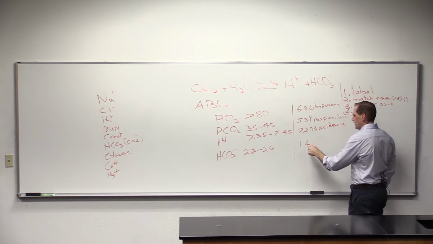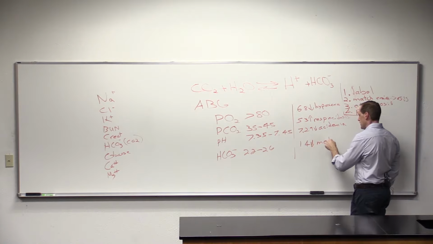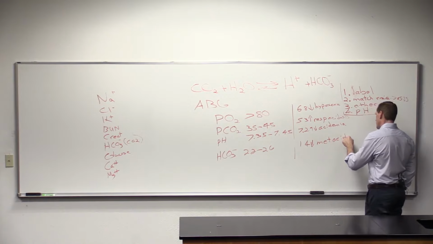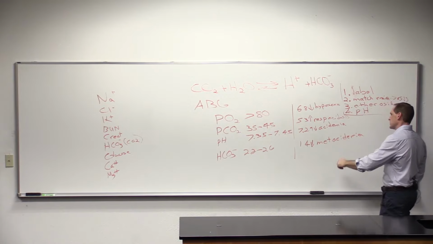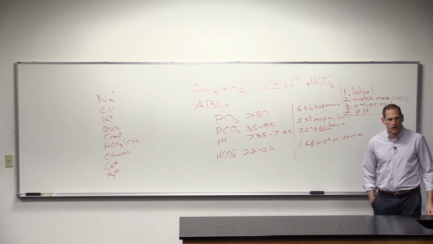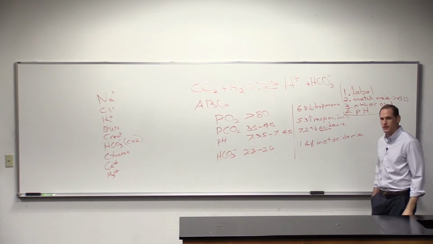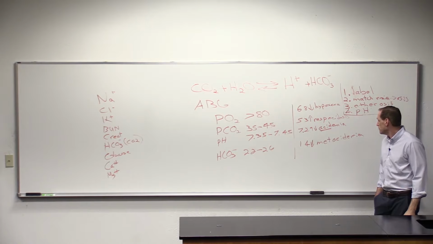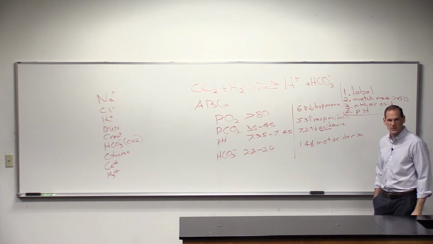And then bicarb is low, which means metabolic acidosis. Okay, step number 2, match the emia, which is acid, to osis. Oh my gosh. Oh, it doesn't work. Why doesn't it work? Oh my gosh, something's wrong. We have metabolic and respiratory acidosis. What does that mean?